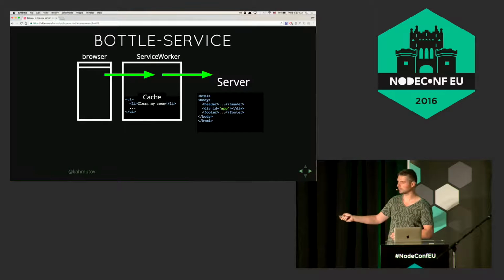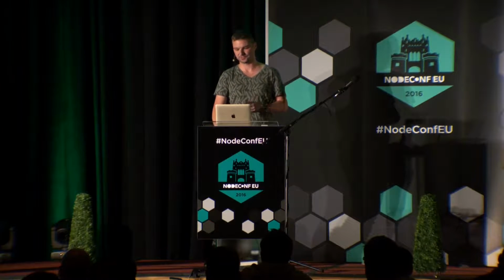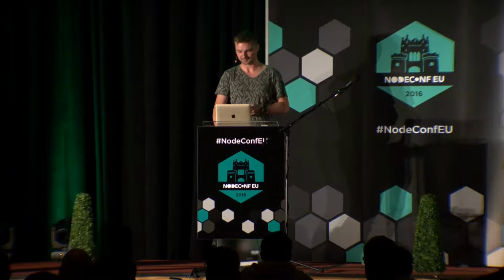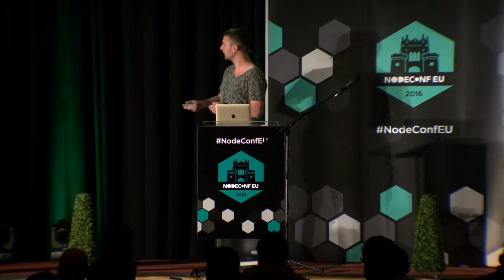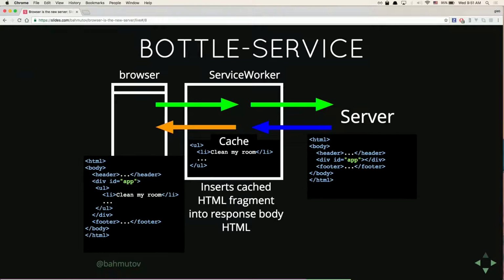And the server can respond with just kind of like the page outline that has header, footer, and a place for the web app. So this gets back to the service worker, and the service worker can insert this cached fragment into this page, and then send back to the browser the full page as a single HTML snippet.